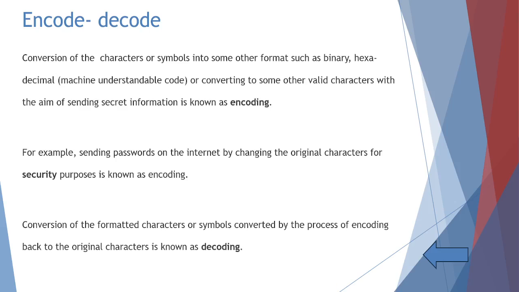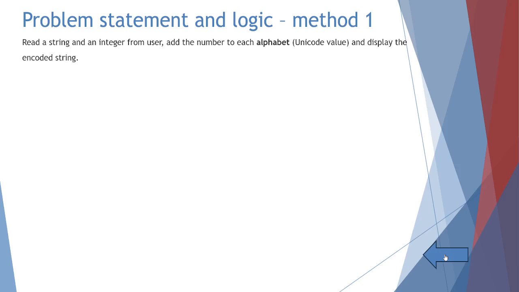Now, decoding means conversion of the formatted characters, converted already by the process of encoding, back to the original is known as decoding. Now, the problem statement and logic of method 1 is like this.